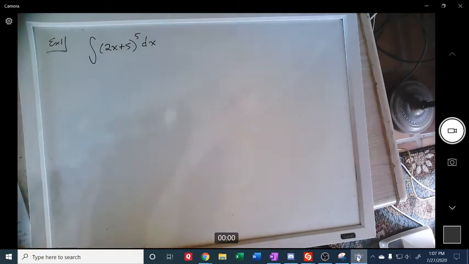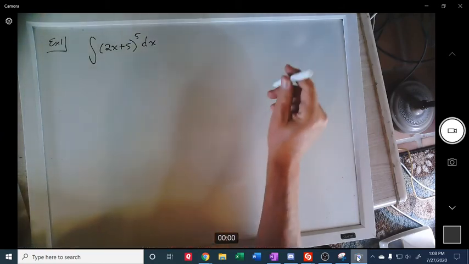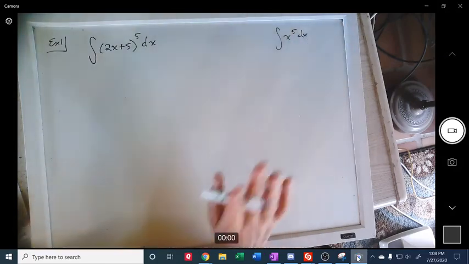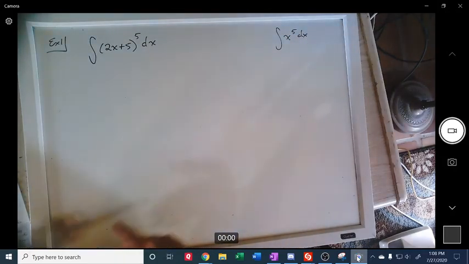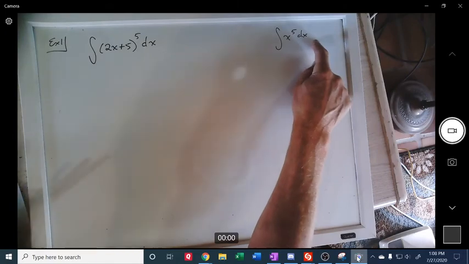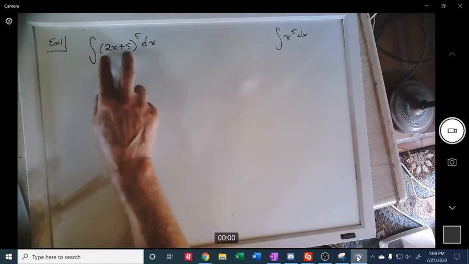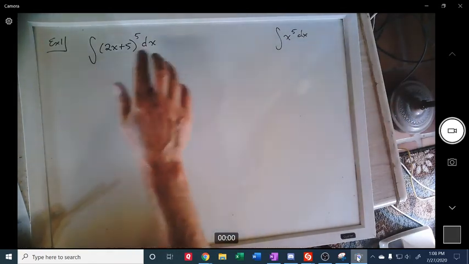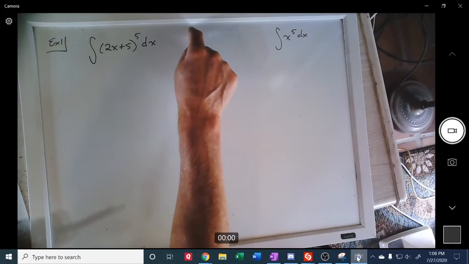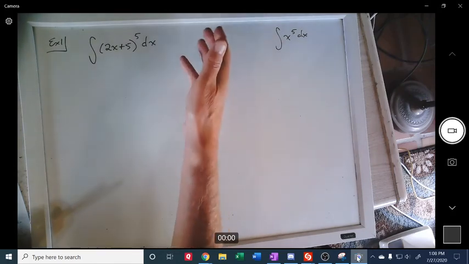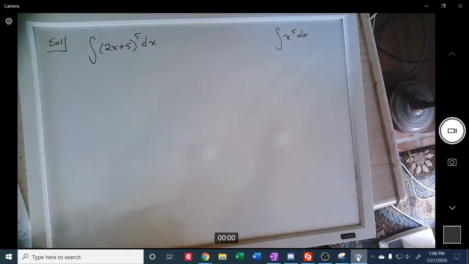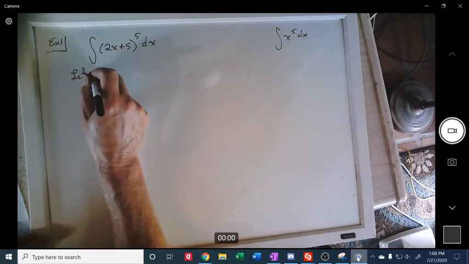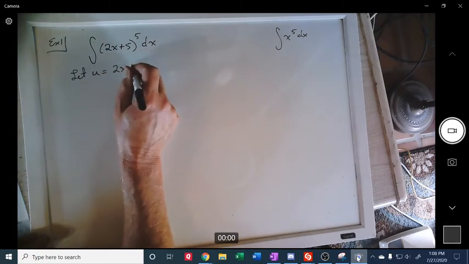Before I start on this problem, I notice if this had been x to the 5th dx, piece of cake, it's just x to the 6th over 6 plus a constant. But since it's a function of x to the 5th, I can't treat it like this and just write 2x plus 5 to the 6th over 6 plus a constant, because that's what we just identified gives us the wrong answer. So what I'm going to do here is let u equal 2x plus 5.